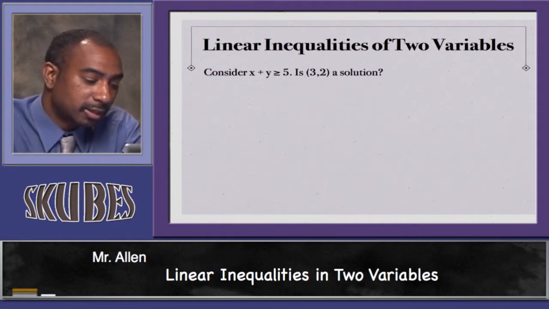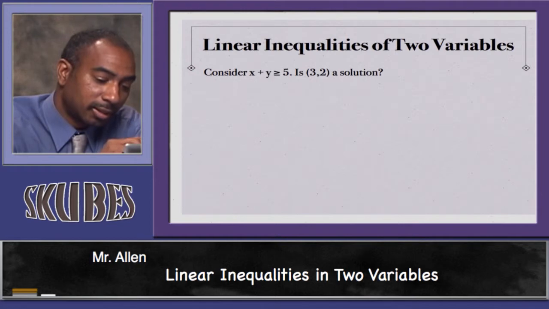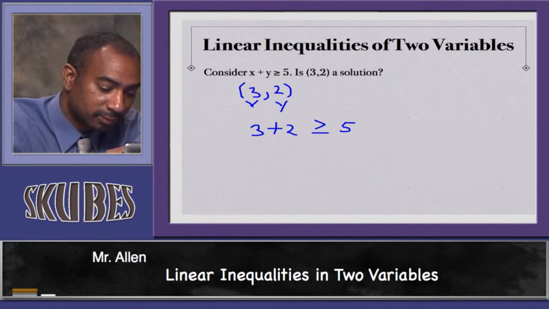Or I consider x plus y is greater than or equal to 5, and we want to know if 3, 2 is a solution. So again, remember 3, 2 is an ordered pair. X is 3, y is 2. So I have 3 plus 2 is greater than or equal to 5.